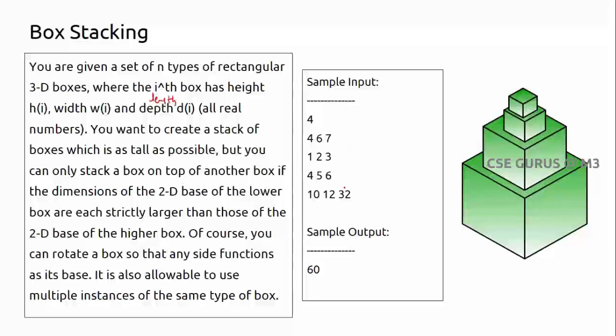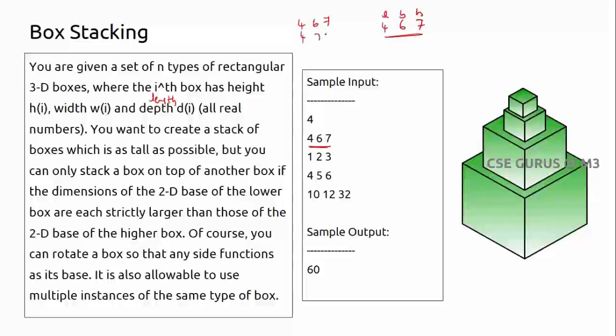Let us take an example here. Let us suppose I take 4, 6, 7. You can take this as the length, this as breadth, this as height, or you have other options also. How many options will you get for a box? For a box you have totally 6 faces, so you have 6 options. Let us suppose I go with 4 as length and 6, 7.